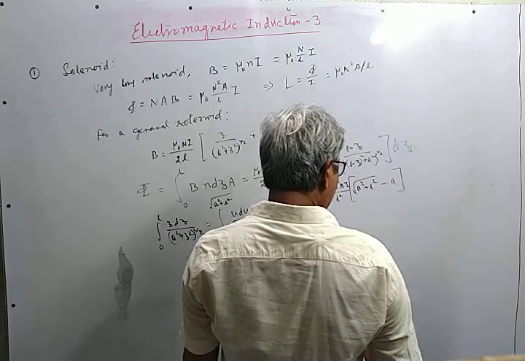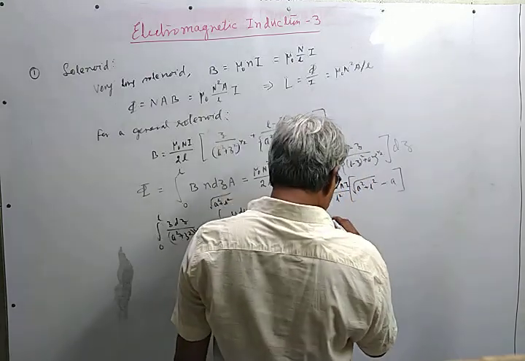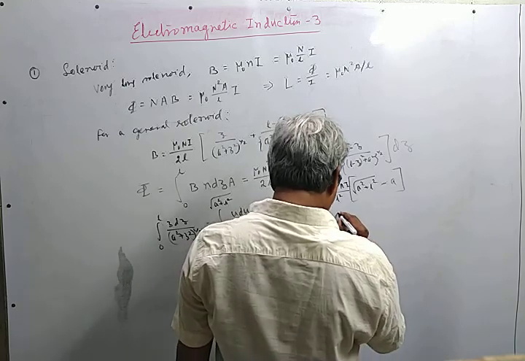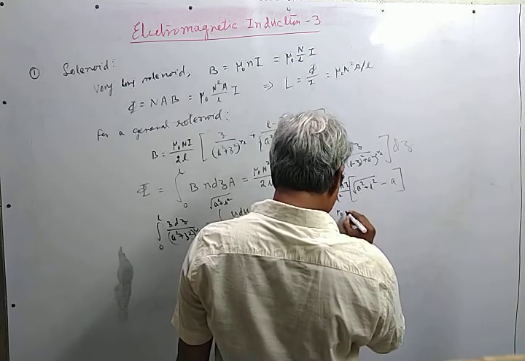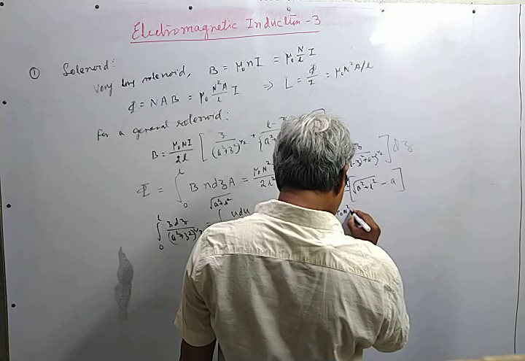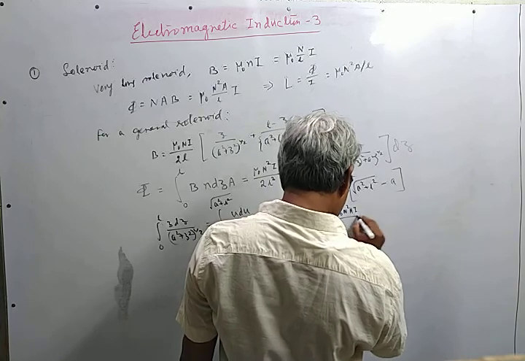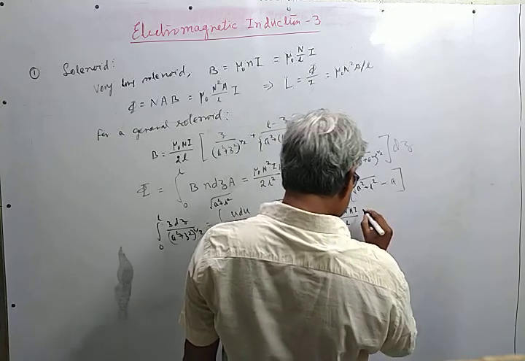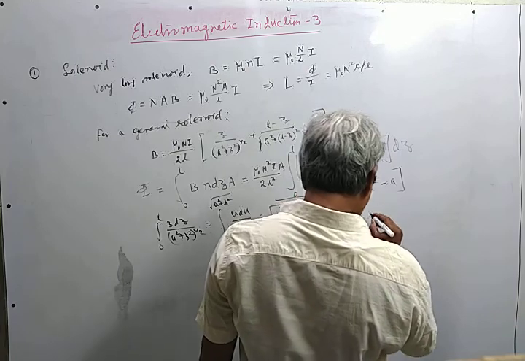If we consider a long solenoid, we may write this, and another L is taken within this.